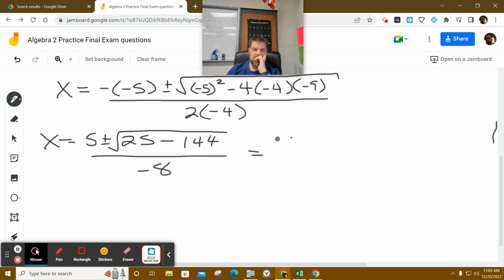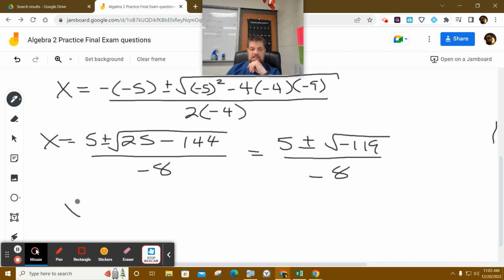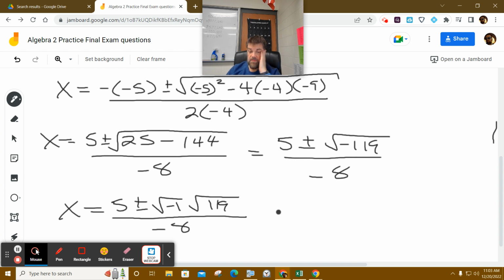So then I get 5 plus or minus the square root of 25 minus 144, which is -119, all over -8. And so that means that x is equal to 5 plus or minus the square root of -1 times the square root of 119, all over -8.